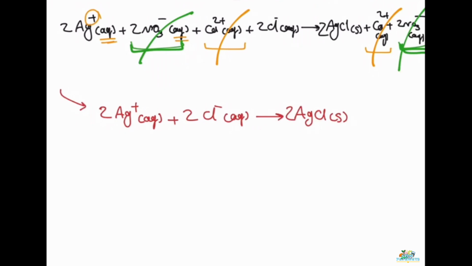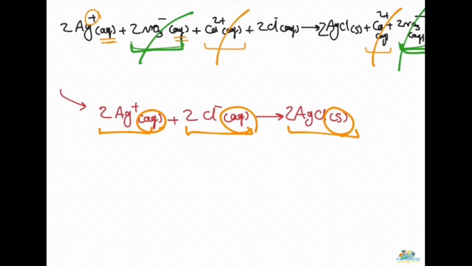By canceling the spectators, we will have the net ionic equation, which gives us exactly the precipitation reaction, which is Ag+ aqueous, Cl- aqueous, and the solid form. So deleting the spectator compounds to get, at the end, the net ionic equation is actually writing the precipitation reaction that happens.